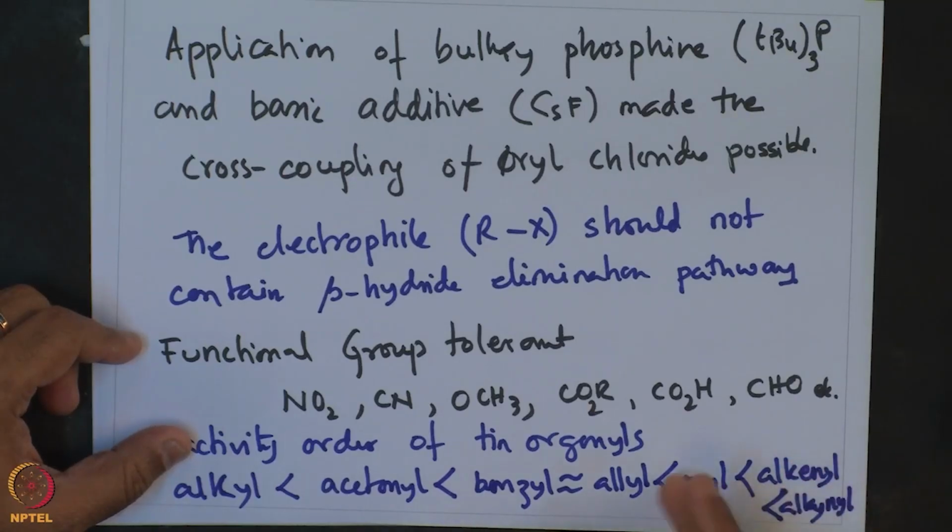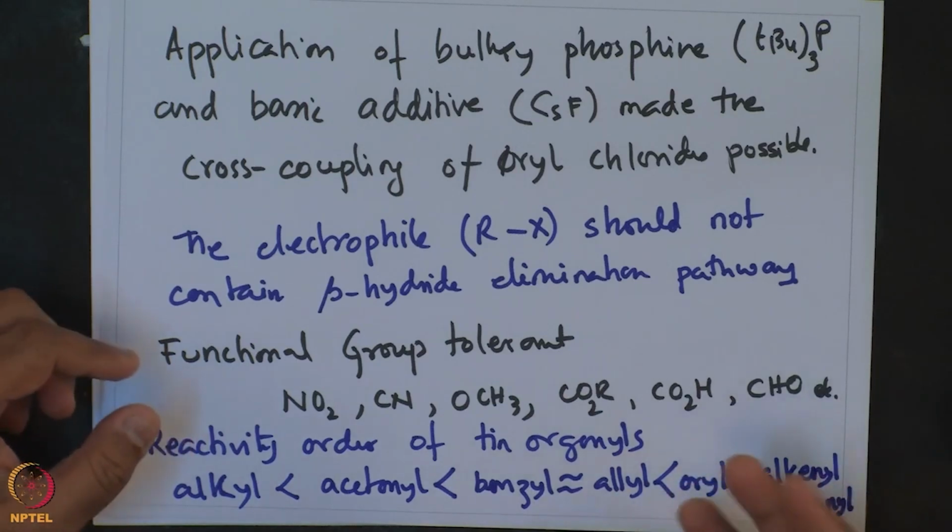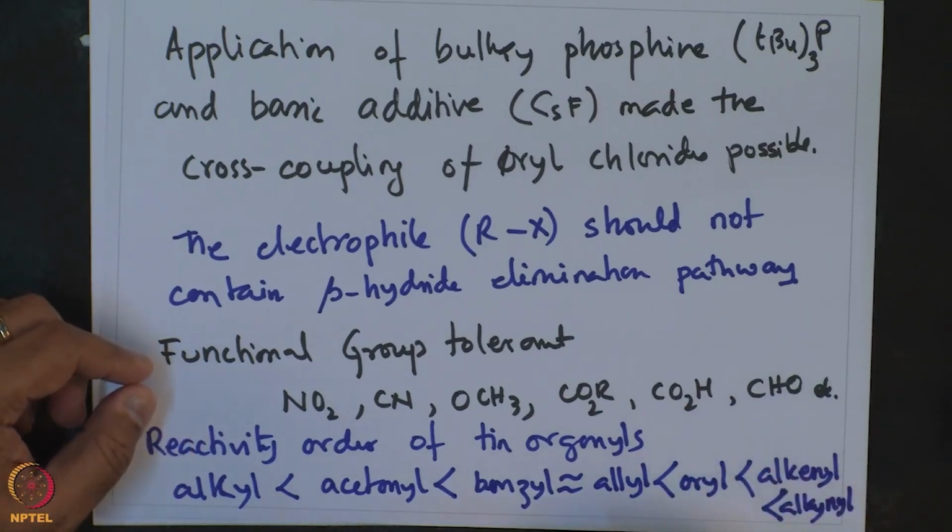So, the more s character on the carbon attached to the tin, the more negative charge it will accrue, looking more carbanionic, and as a result it behaves as a better nucleophile in the cross coupling reaction with its electrophilic partner RX.